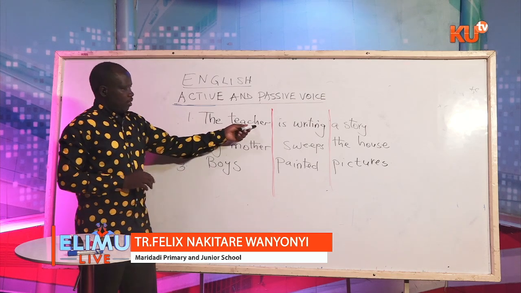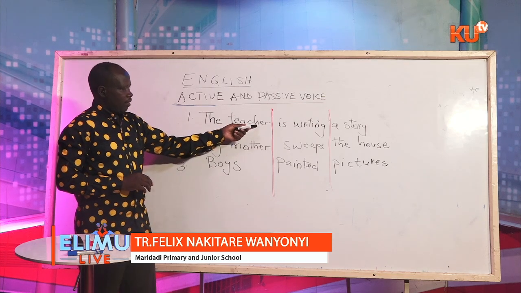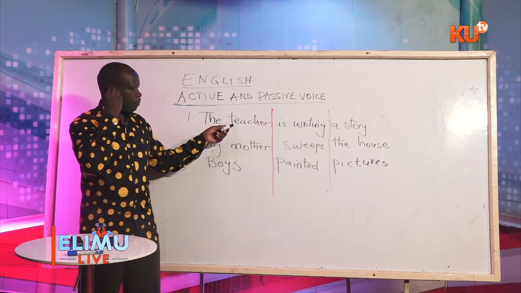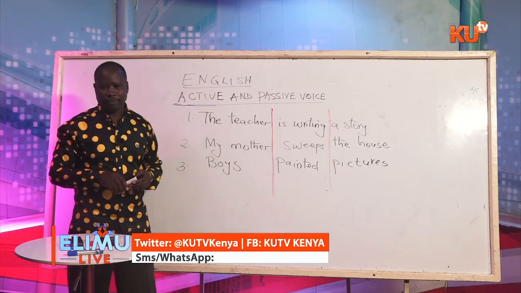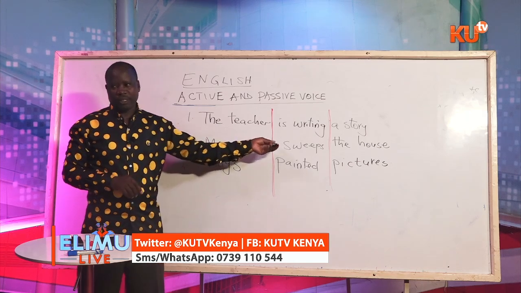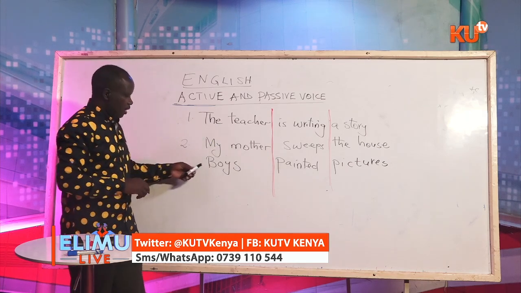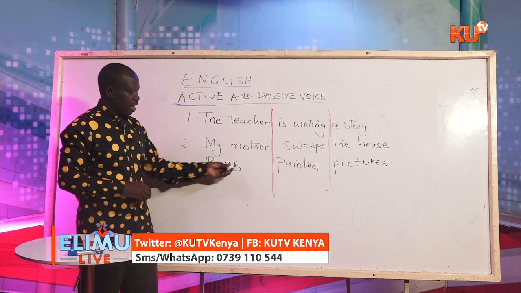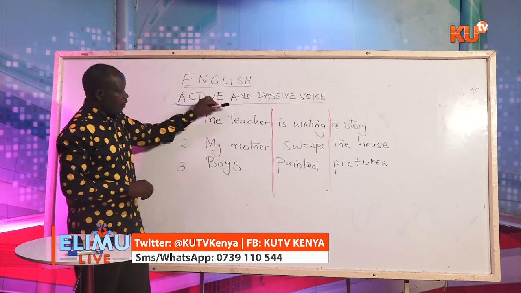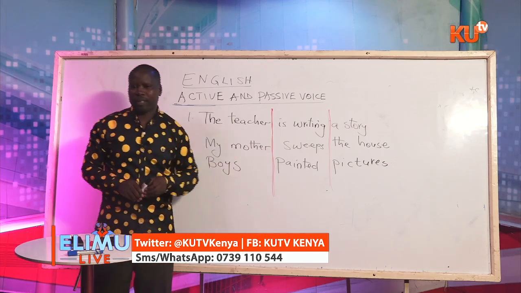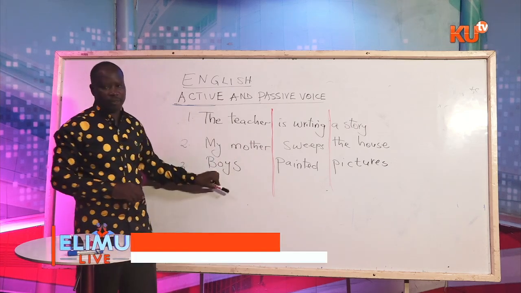The teacher here is a noun, and the teacher indicates the person doing the work. Similarly, my mother is the person doing the work in this sentence. And here, boys represents the noun that does the work. So the first part carries the doer of the work, or the doer of the action.